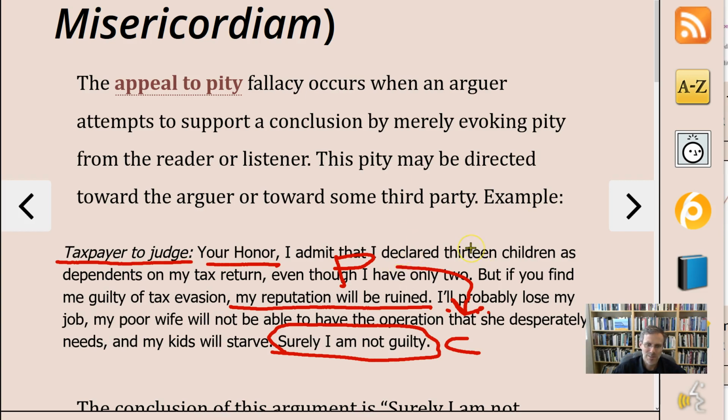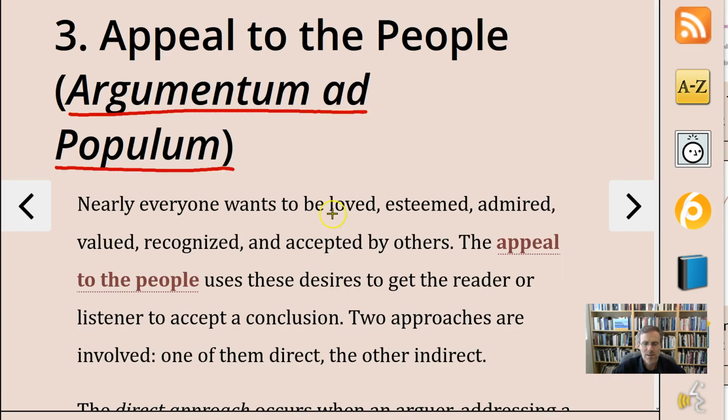But if the claim is something about truth, which it is here, right? The taxpayer is arguing that I am in fact not guilty. Negative consequences that will come out of a certain truth claim are no evidence that that truth claim is true or that it's false, at least under most circumstances.